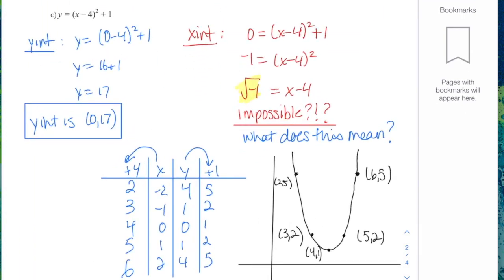Okay, so I hope that this super crude drawing of a parabola goes to convince you that it doesn't mean that there is no parabola, it just means that there are no x-intercepts on your parabola.